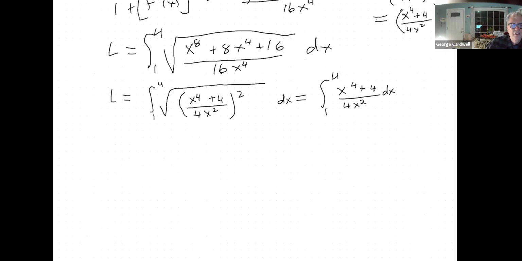So I can now write this as x^4 over 4x squared plus 4 over 4x squared.